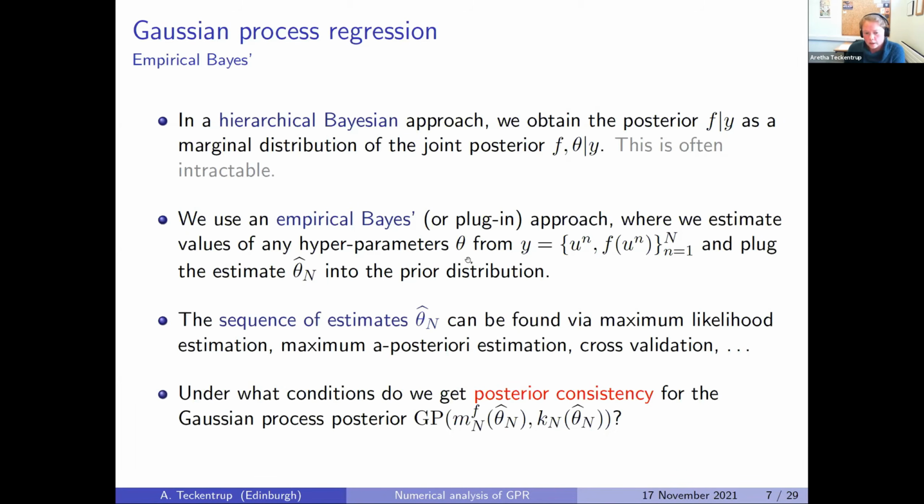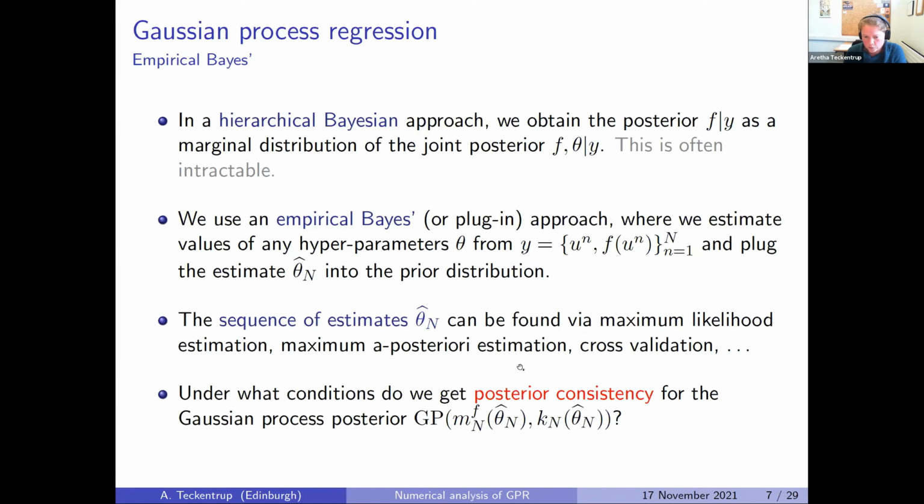Exactly how you can compute the estimate of these hyperparameters is a different question, and also a very important question that is quite difficult to do in some cases, and also very time consuming. But that is not the focus of the talk, so you can do that in however way you want.